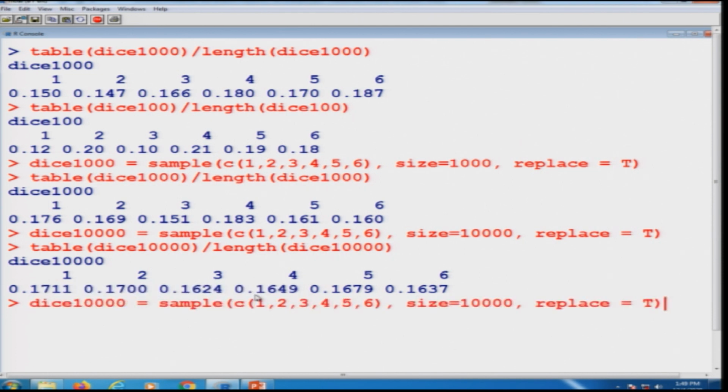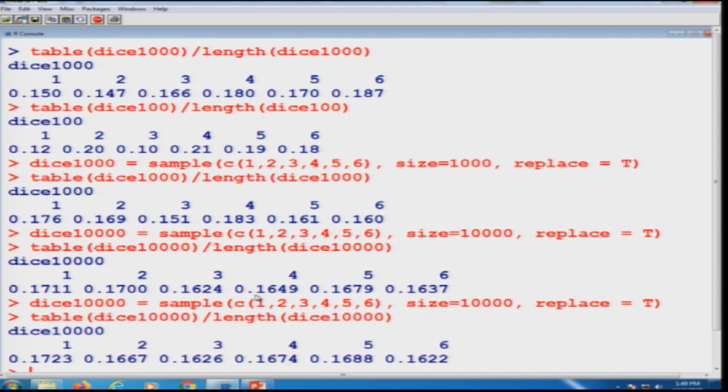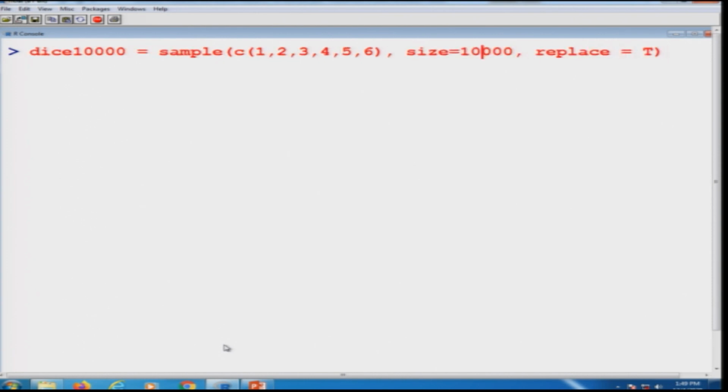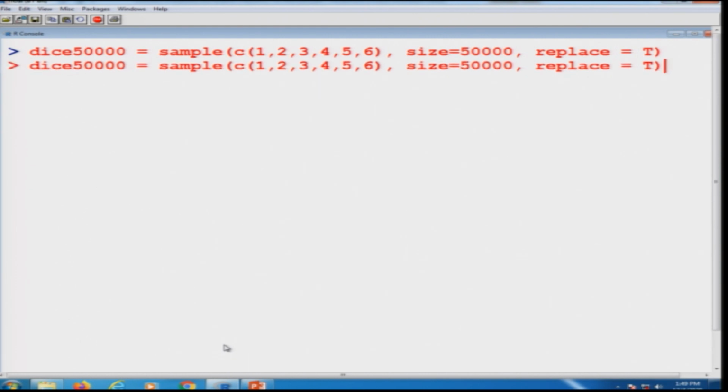And if you repeat the same experiment once again, the relative frequencies are going to be like this: 0.17, 0.16, 0.16. Right. And if you repeat it once again for a larger number of times, suppose I make it 50,000 observations, computationally you can increase the number of repetitions as much as you want, depending on the capability of your computer, right.